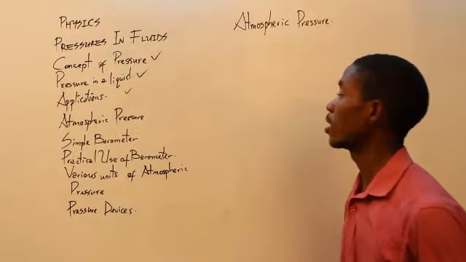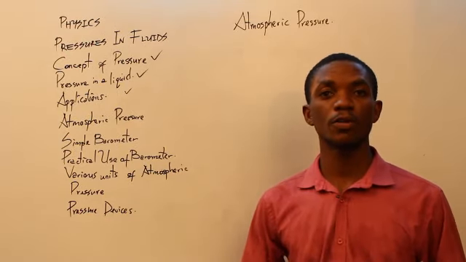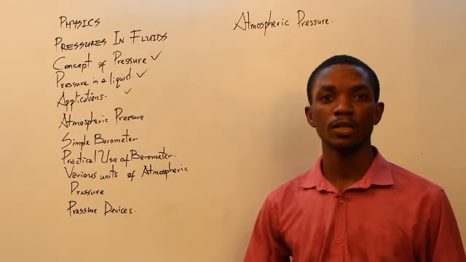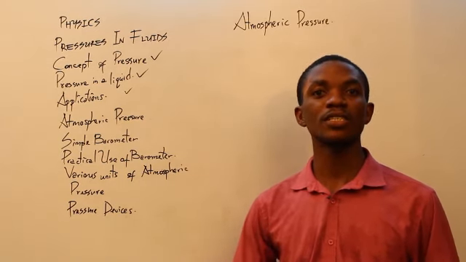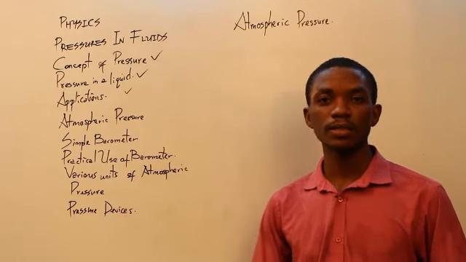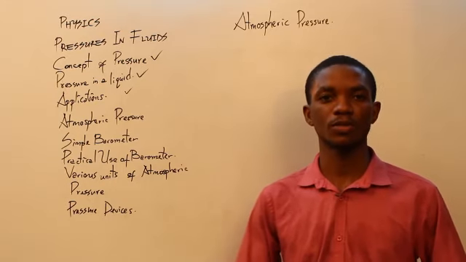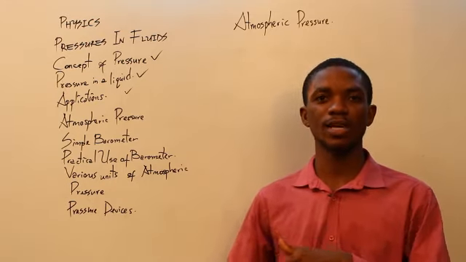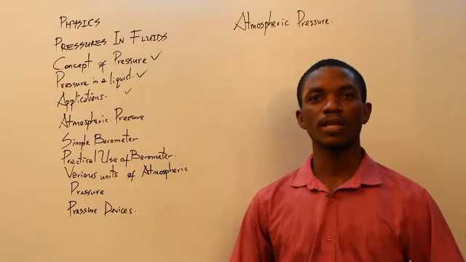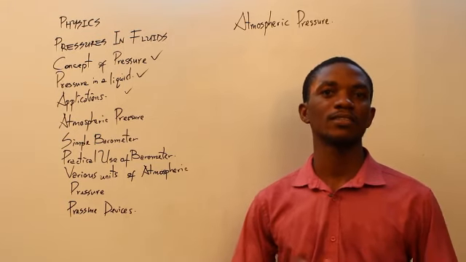Okay, let's consider atmospheric pressure. We've talked about pressure. We described pressure as the force acting per unit area on a particular body. And this time around, we're talking about atmospheric pressure. The word atmospheric relates to atmosphere. We all know that the atmosphere is that part of the earth where the air is.